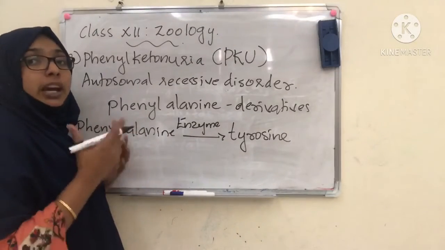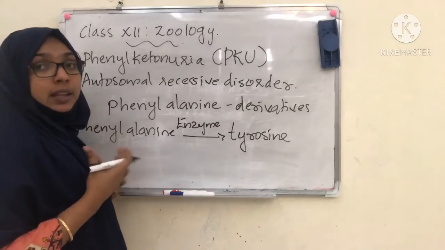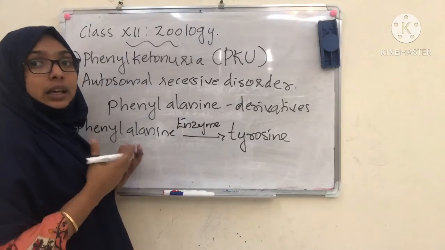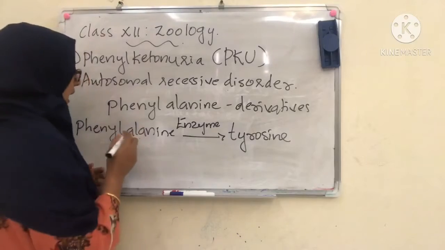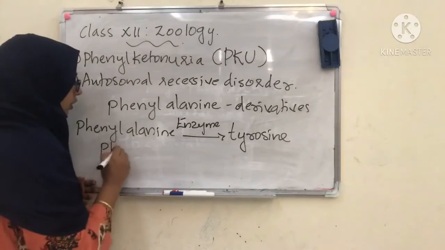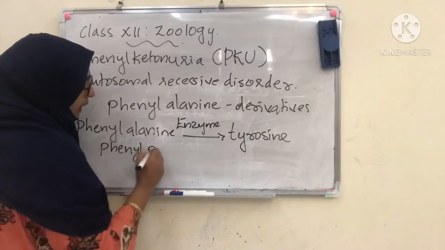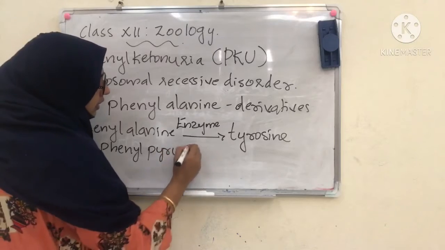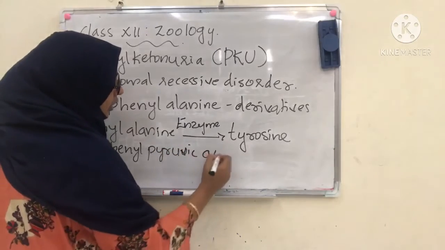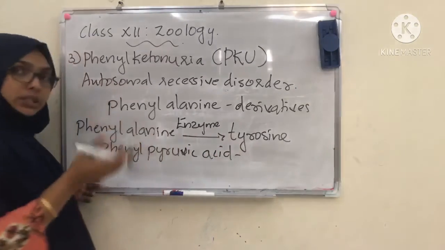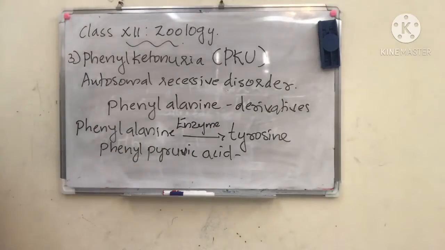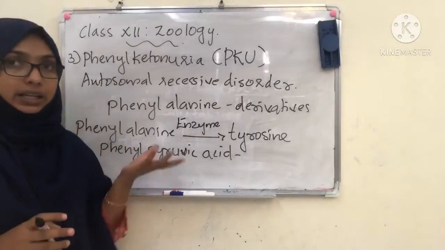They are seen to be accumulated in our brain. That accumulation of these derivatives, or phenylpyruvic acid, in our brain causes mental retardation and some other mental idiocy and all.